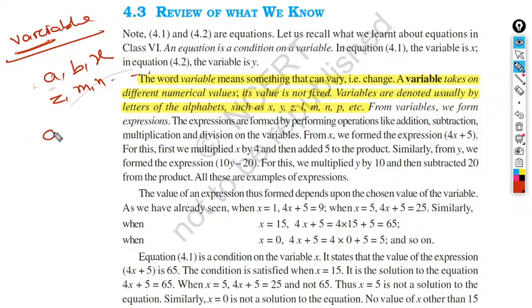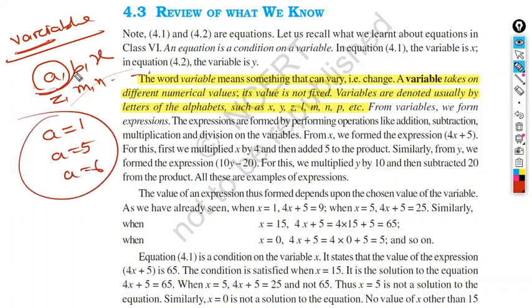Take a. Do you know the value of a? You don't know the value of a. One can say a may be equal to 1, or a may be equal to 5, or a may be equal to 6. We don't know the value of a. So we can say a is a variable, b is a variable, x, y, z, m are variables.